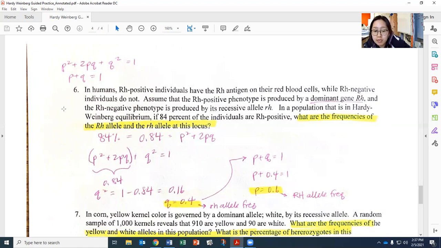If you square root that, then you'll get Q, which is 0.4, and that's the recessive Rh allele frequency. And then P plus Q equals 1 is the formula that you're going to use to find what P is, and that's going to be 0.6, and that would be the dominant Rh allele frequency.